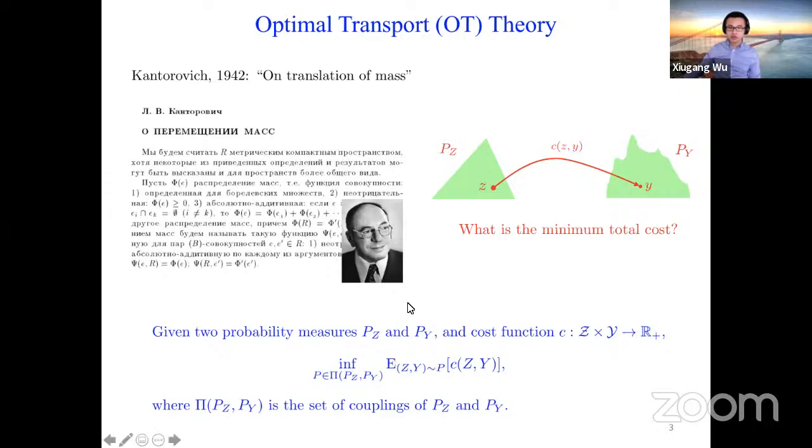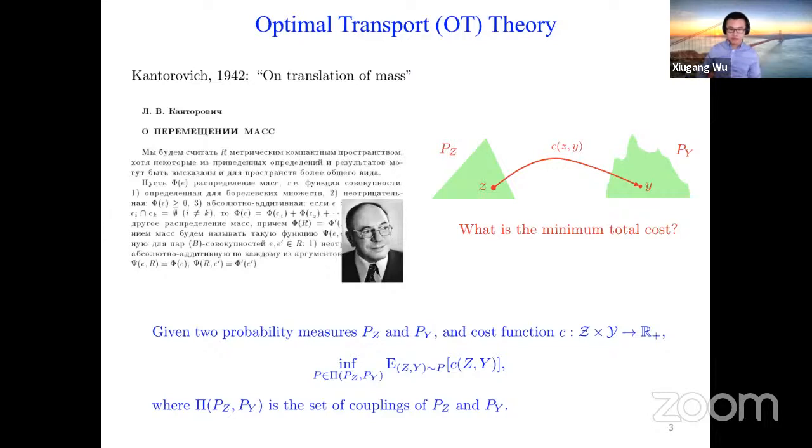In Kantorovich's formulation, you are still minimizing the expected cost, but now the search domain is over all possible couplings of Pz and Py, where each coupling is nothing but a joint distribution whose marginals are given by Pz and Py respectively. By the way, please feel free to stop me if you have any questions.